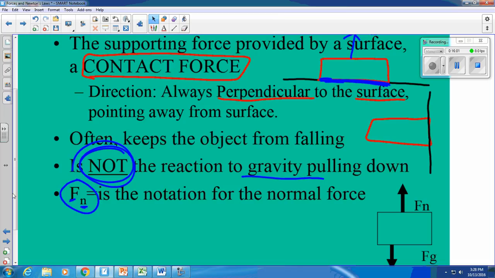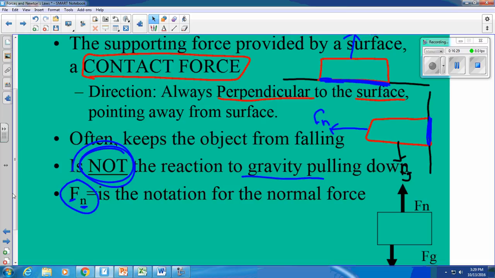Here is my contact, therefore my normal force goes here. Gravity is affecting it downward, so we can clearly see it is not the reaction to gravity. It is a contact force, always perpendicular to the surface that it's in contact with.